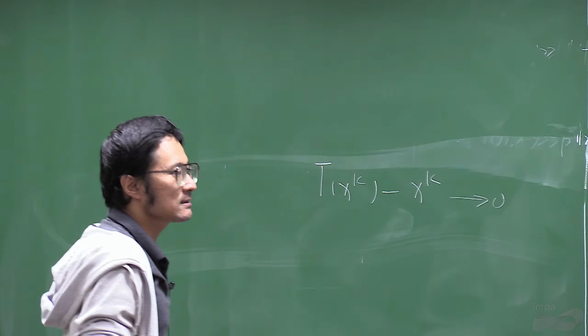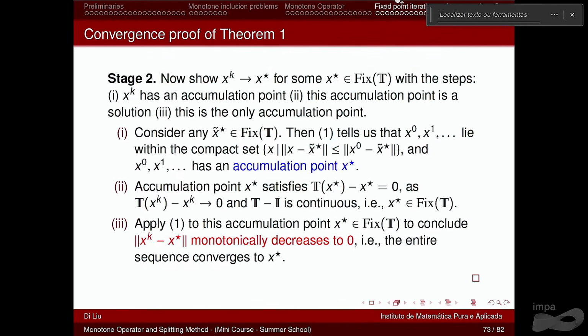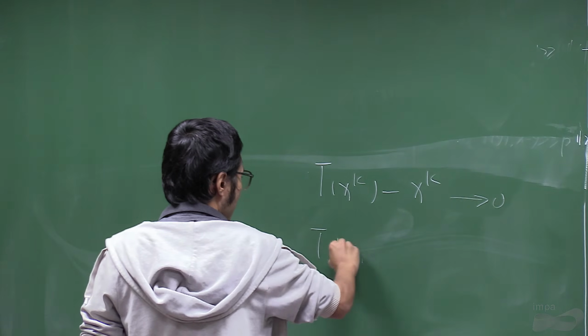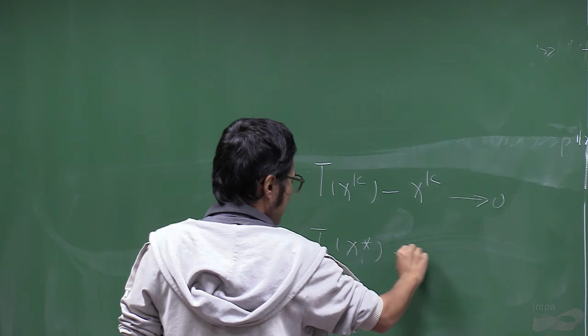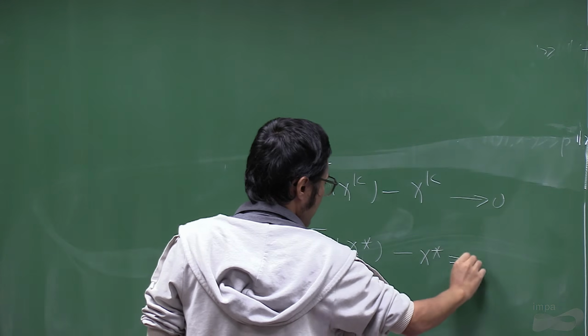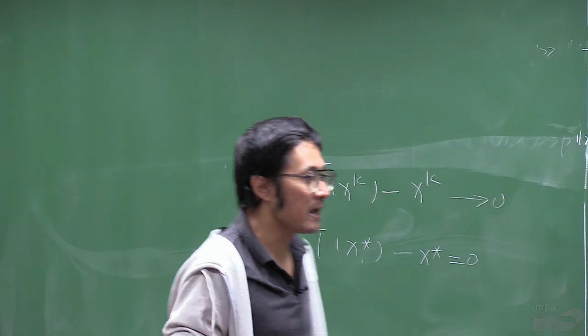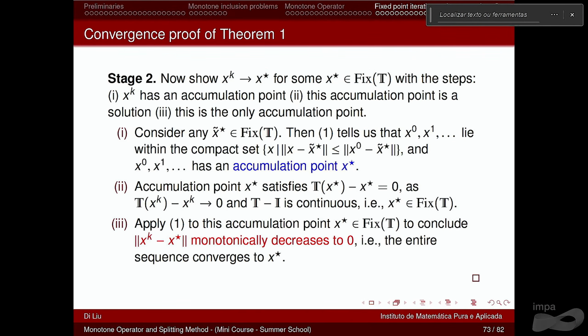Since x star is an accumulation point, we have T x star minus x star equals 0. Since T minus identity is continuous, we can conclude by this identity that x star belongs to the fixed point set.